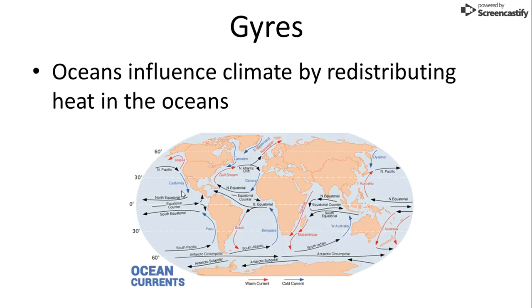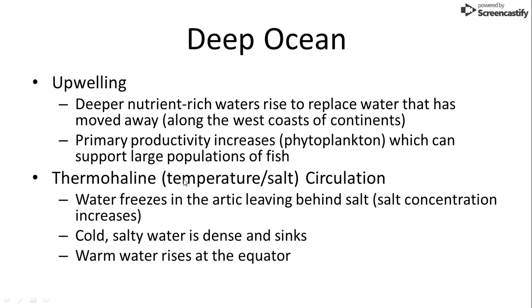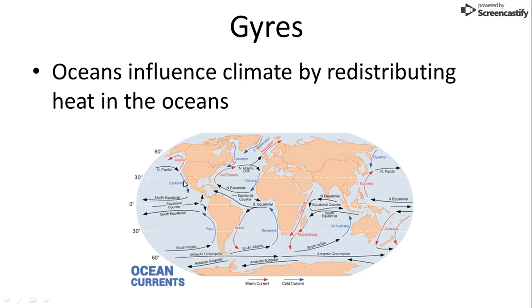If we go back to our picture, this water is moving away from the west coast, and the deep water on the west coast is coming up to the surface, and that's why it is so cold.